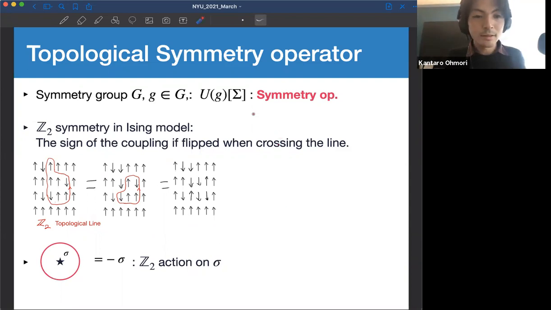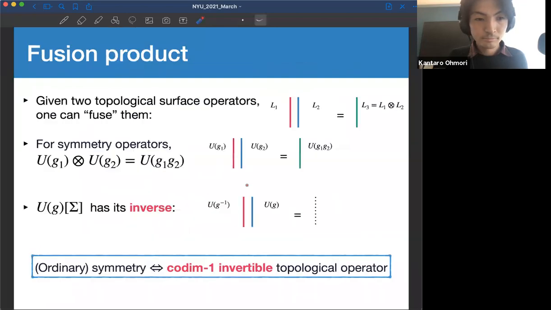Okay, so this is the topological symmetry operator that exists for any symmetry in the QFT. And for topological surface or extended operators, there's an important operation called fusion.